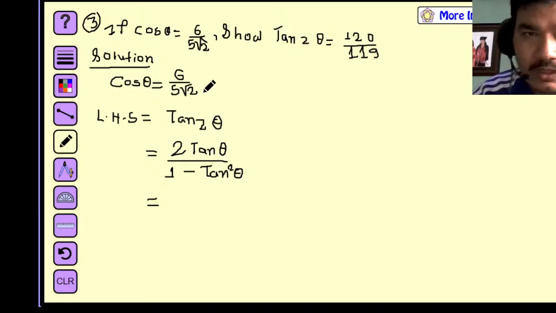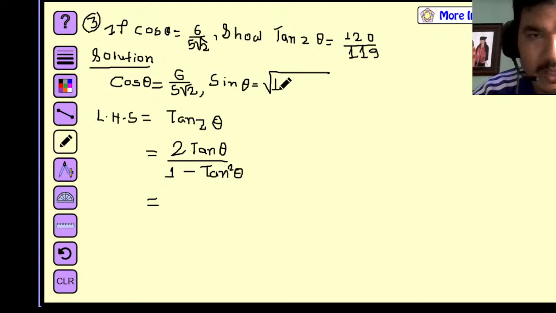That's why I suggest we take the help of cos theta and find sin theta, so that it will be easy, because in the Pythagoras relation, sin theta equals the square root of 1 minus cos square theta. So by using the cos square theta value we can find the value of sin theta.